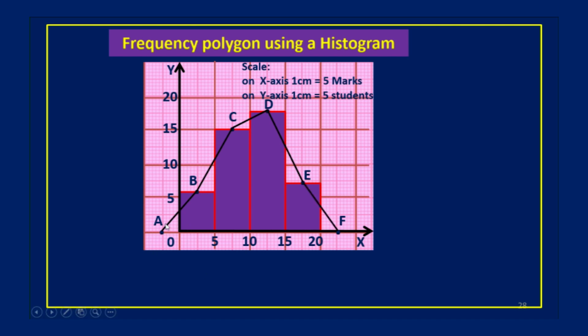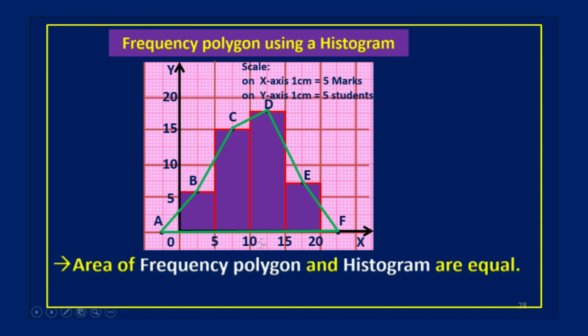Now, I can say that A, B, C, D, E, F is a frequency polygon, and mathematically I can say that this frequency polygon and histogram have the same area because they are constructed for the same data. So, using a histogram like this we have to construct a frequency polygon. For the same data, their areas will be equal.